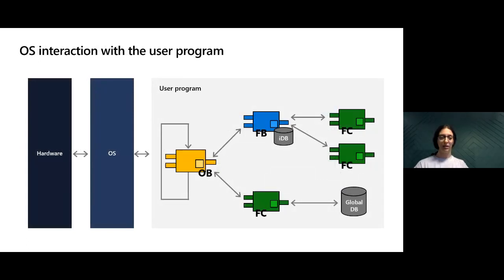And here we can see a diagram of the overall interaction between the operating system and the user program, and how the different blocks can interact with one another. A program cannot start from a regular block, but only from an organization block.